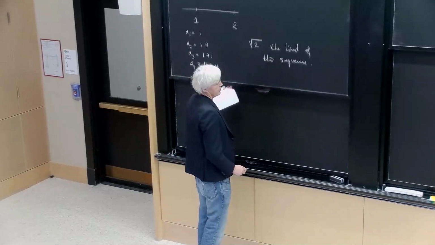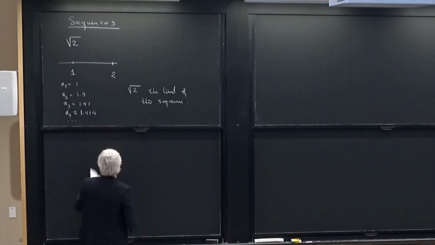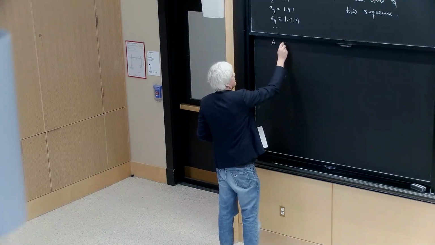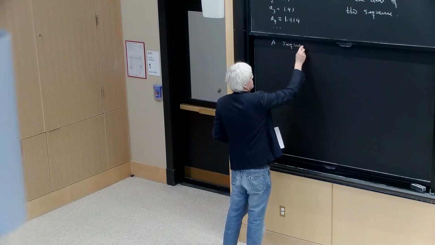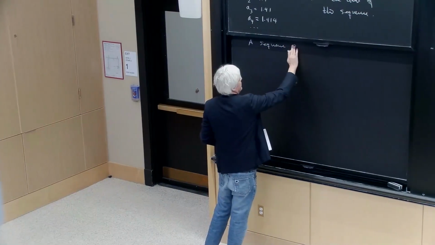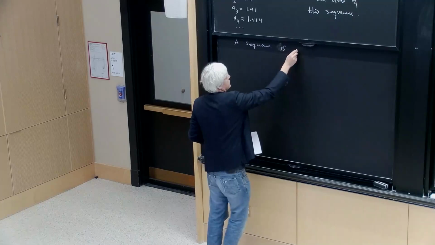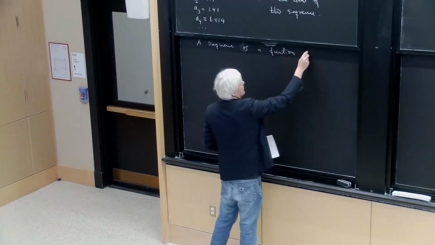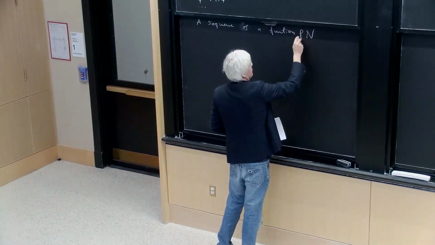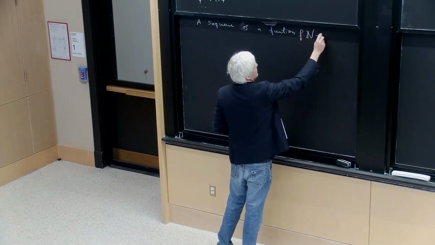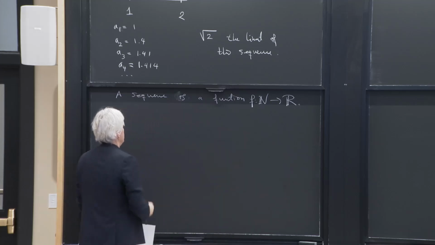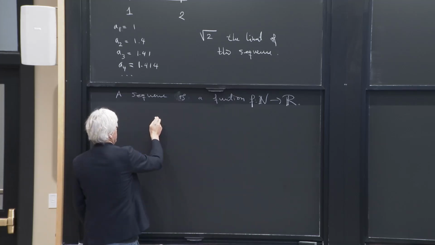Precisely, a sequence, we talked about that last time, but let me just remind you what that is. A sequence is a function f from the natural numbers into the real numbers.